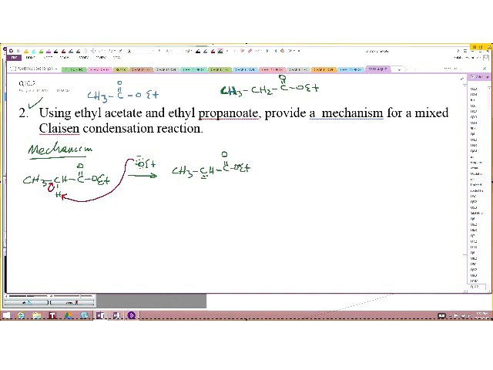Now, since we want to use a mixed Claisen condensation, what do we want to do now? Use the ethyl acetate as your electrophilic carbon, the carbonyl on this here. Very good. So that comes here.